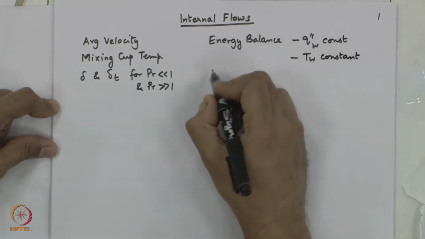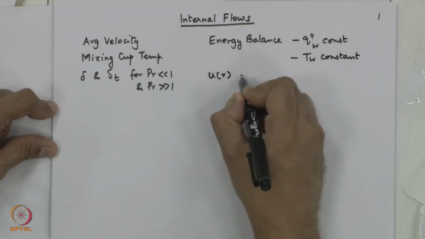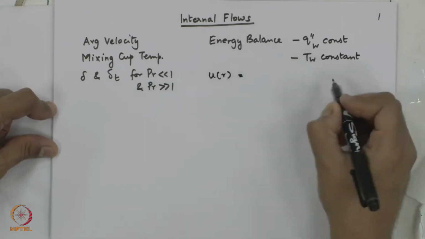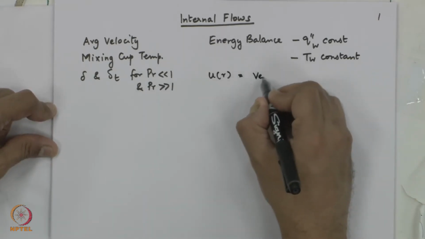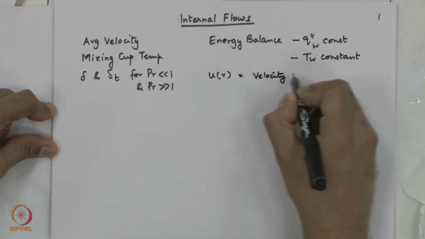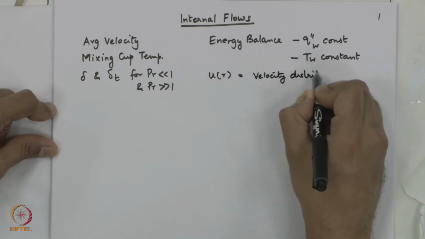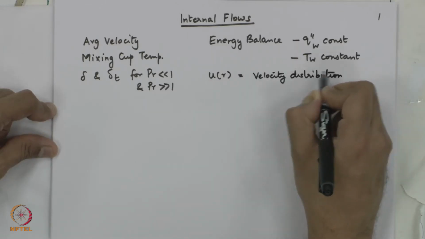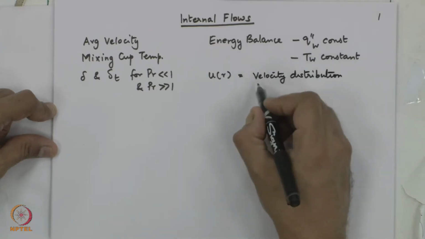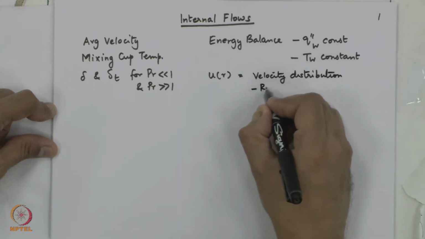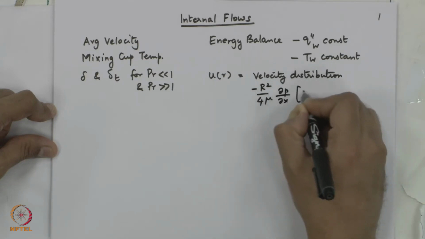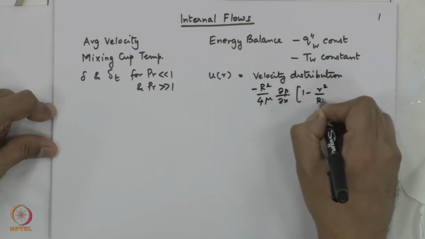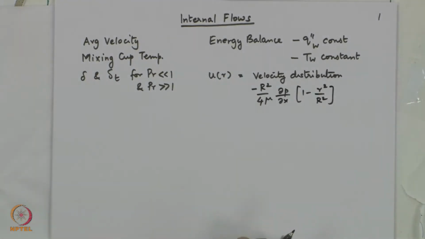Then we will derive from first principles the velocity distribution u of r for flow through a circular pipe. It would come out to be in the form of capital R squared by 4 mu d p by d x times 1 minus r squared by capital R squared, something like this we will derive.